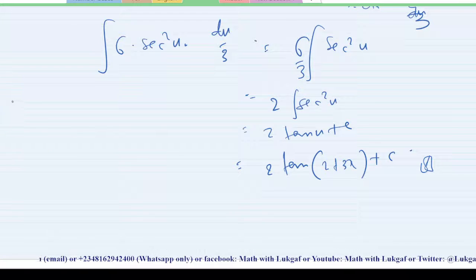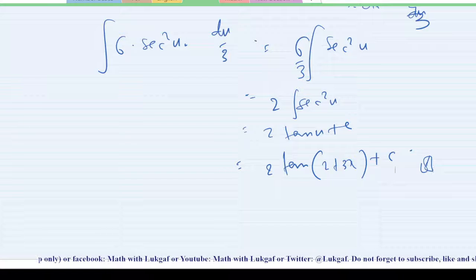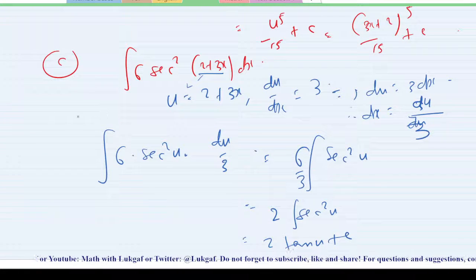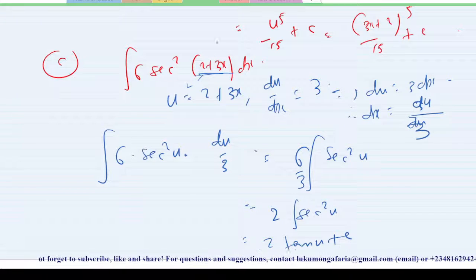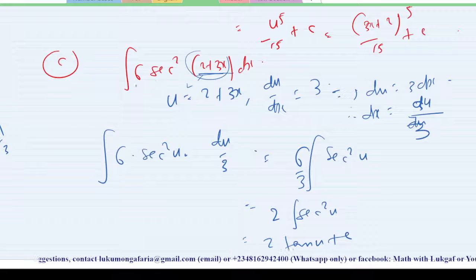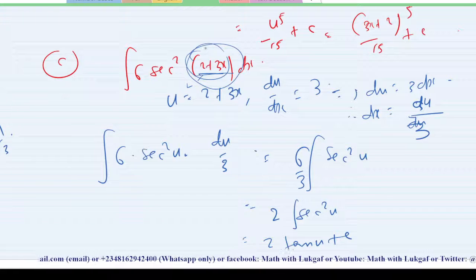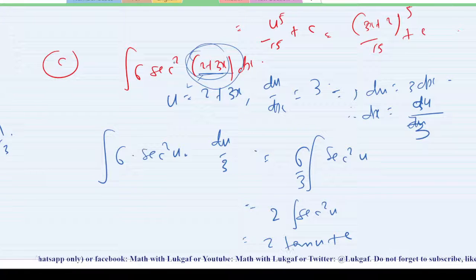So in essence, if you want to solve this without using u substitution, you want to find the values directly, what you are going to do is differentiate the linear function of x first. That will give you 3, and you put it at the denominator, 1/3 times, then you integrate this, considering that this is just like x, or an entity.